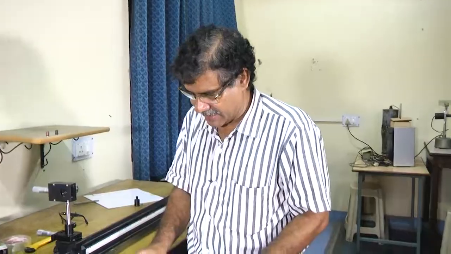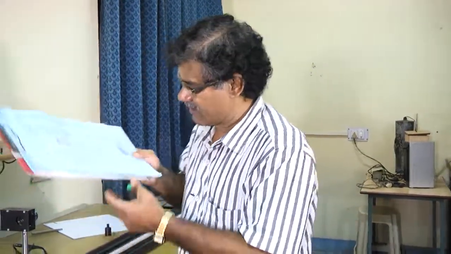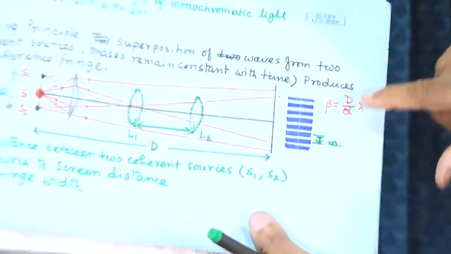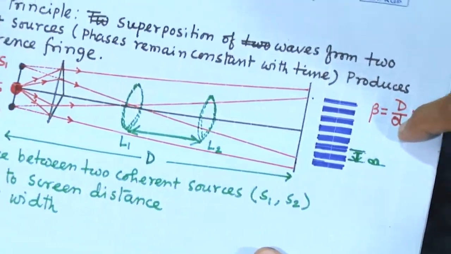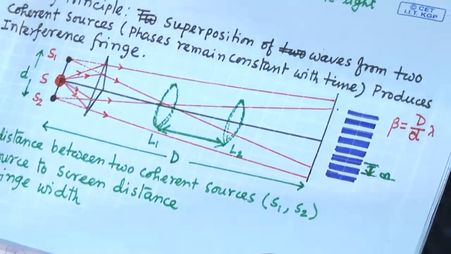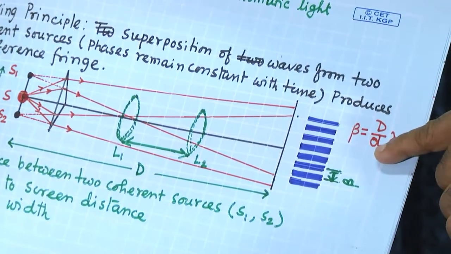The interesting thing is that the fringe width depends on lambda D by d. So this small d, the source distance, is fixed now.